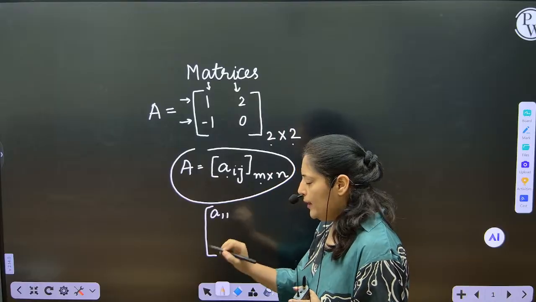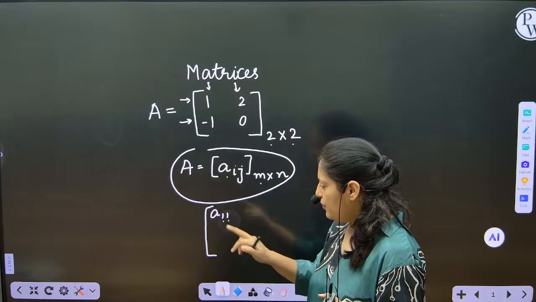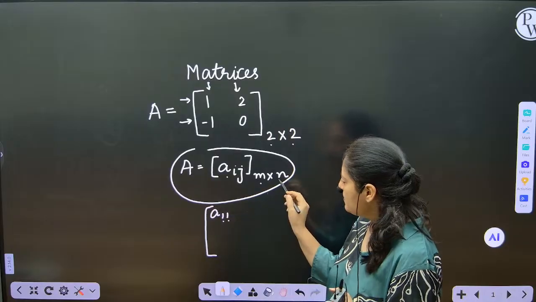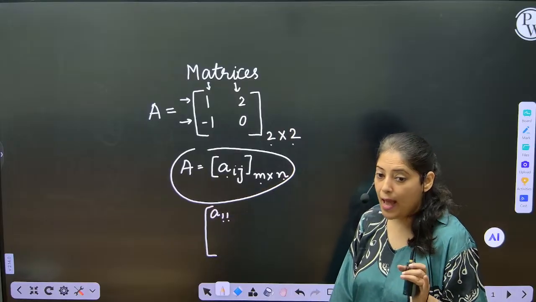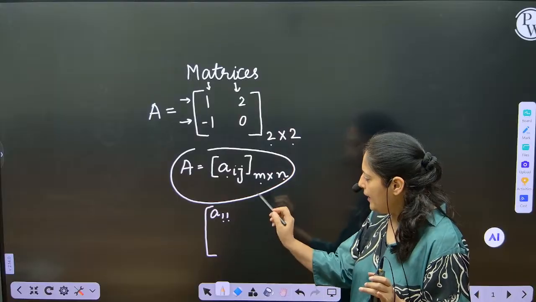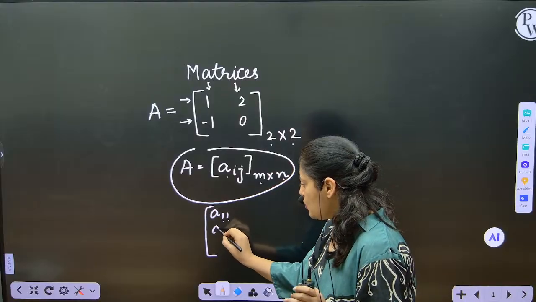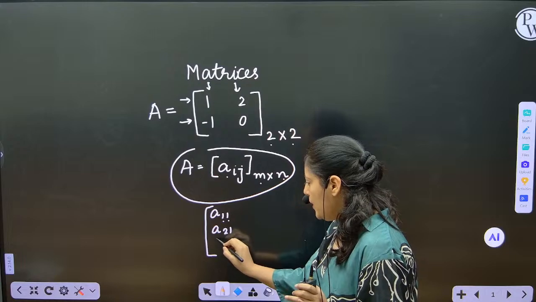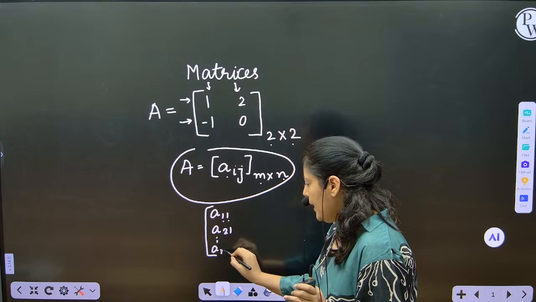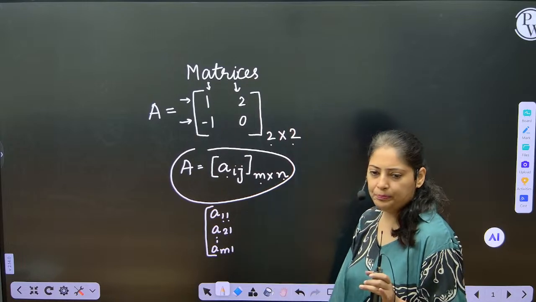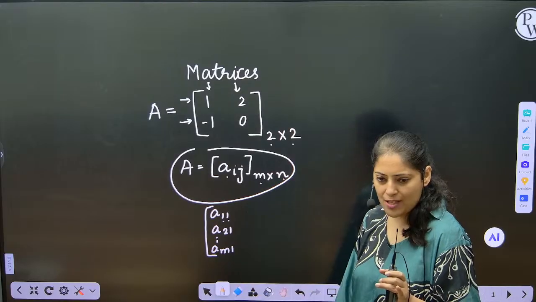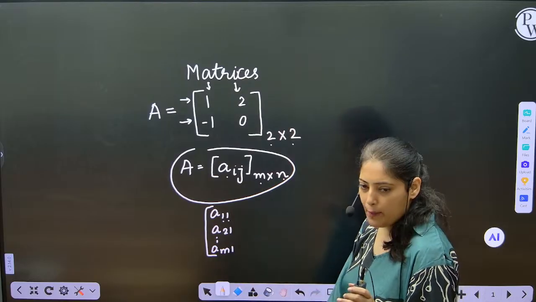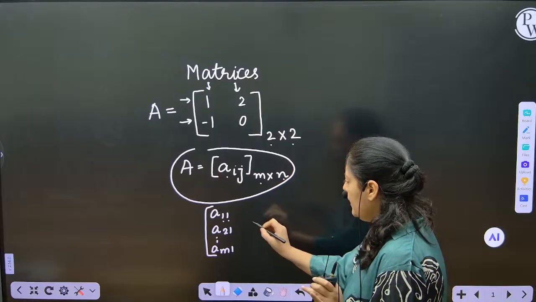A11 means first row, first column. How many columns will be there? N columns will be there and M rows will be there. So A21 up to AM1, because M rows have to be there, and this I am talking about the first column only.